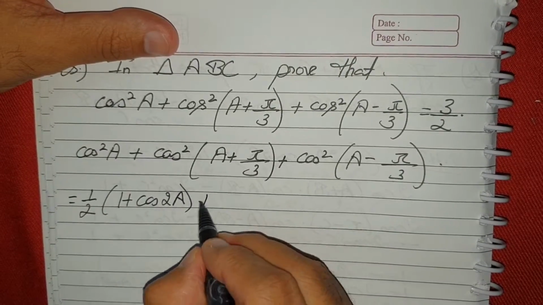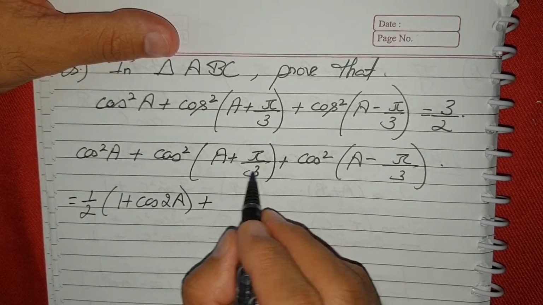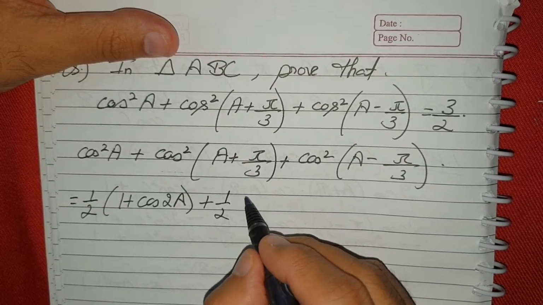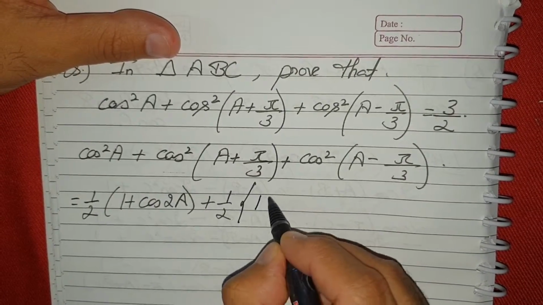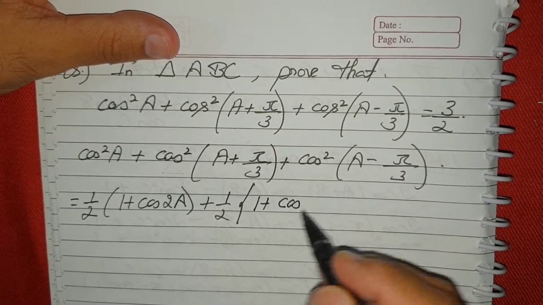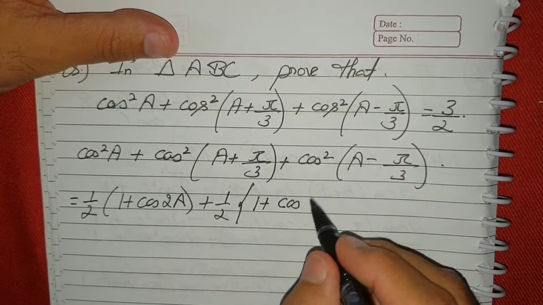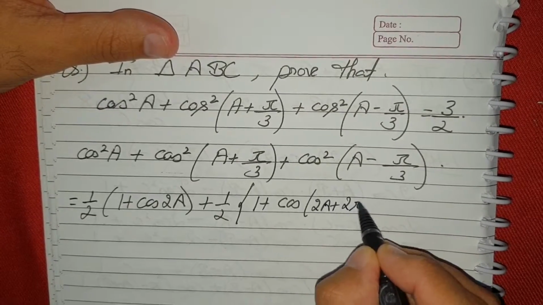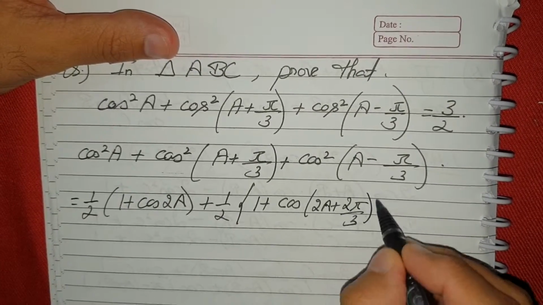Again this is cos square theta, considering the whole as theta, this is 1 by 2, use the bigger bracket, 1 plus cos of 2A plus 2 pi by 3.